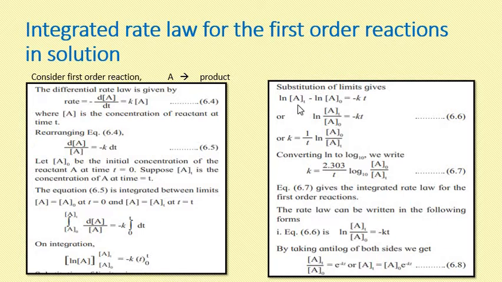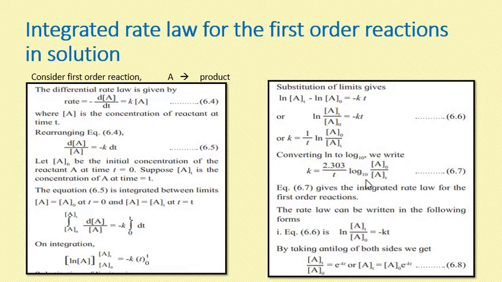Or ln At minus ln A0 is equal to minus Kt. Or I can say ln At upon A0 equals minus Kt. On extracting the value of K, it would become K equals 1 upon t ln A0 upon At, and on converting this ln into log base 10, it would become K equals 2.303 upon t log base 10 A0 upon At.